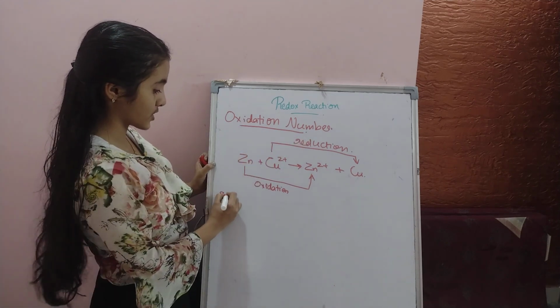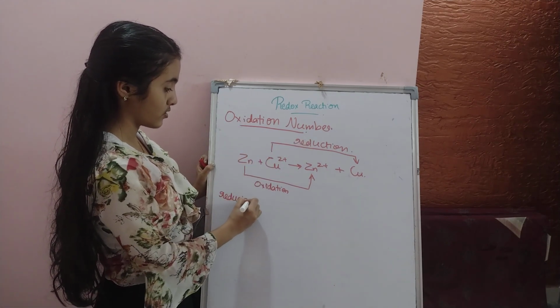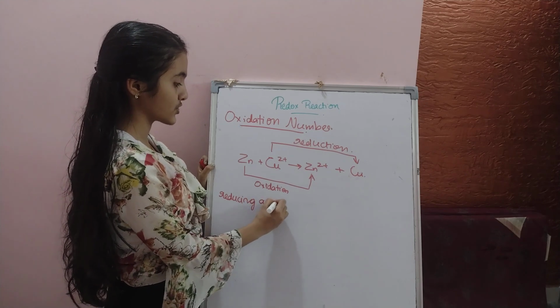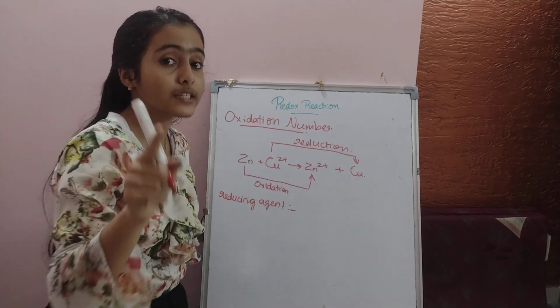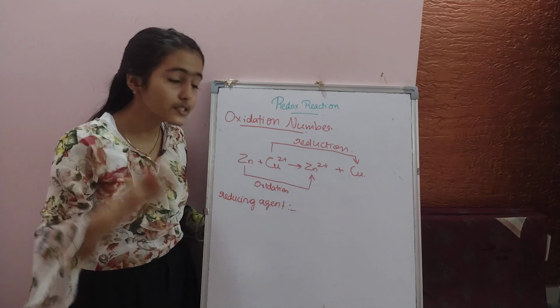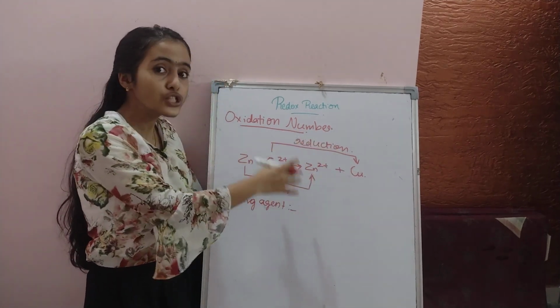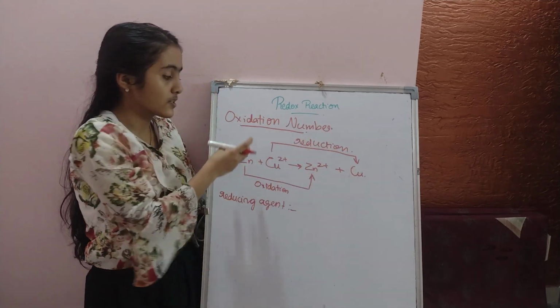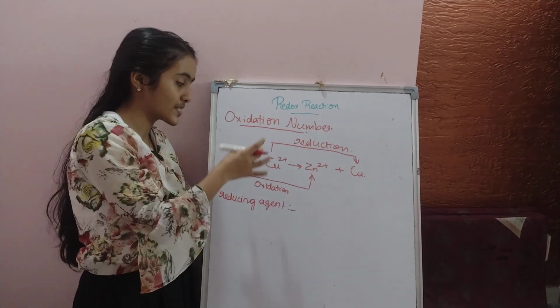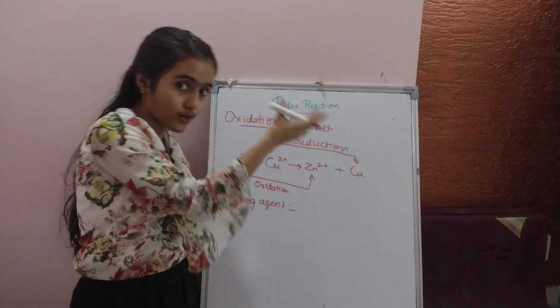What is the reducing agent? Which is the reducing agent here? A reducing agent is one that undergoes oxidation, or one that helps in reduction. Cu2+ is undergoing reduction, and for Cu2+ to undergo reduction, Zn must be present. So Zn is helping Cu2+ to undergo reduction.